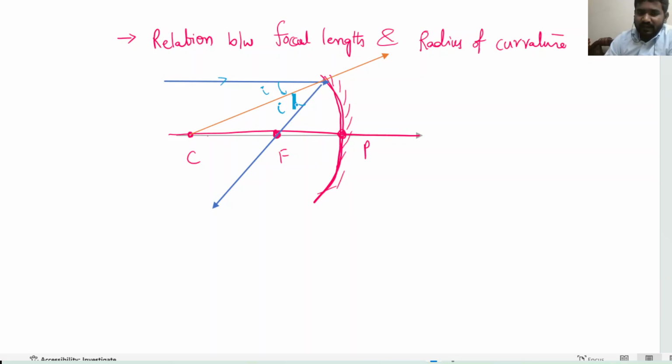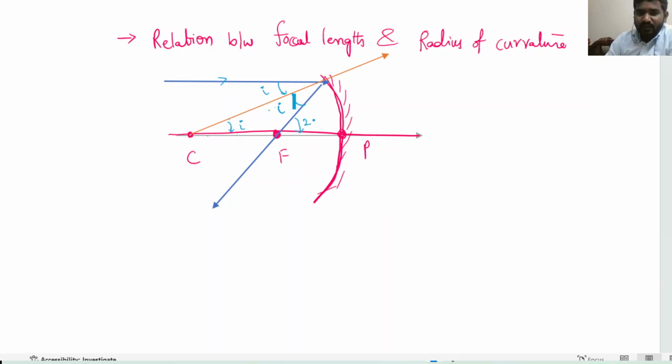Now let us take the angle of incidence here as I. Then, what is the angle here? So, the angle of incidence is I. Why? Because it is a parallel axis. Use the parallel axis theorem. If it is angle of incidence I, then here also the angle of incidence you can take as I. So you have one rule, the triangle rule: the sum of the interior angles of a triangle equals the exterior angle.